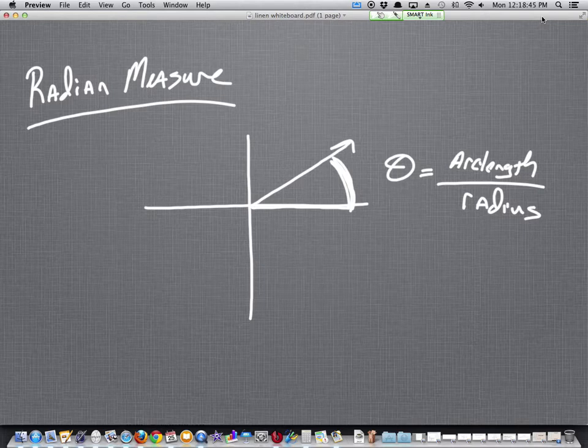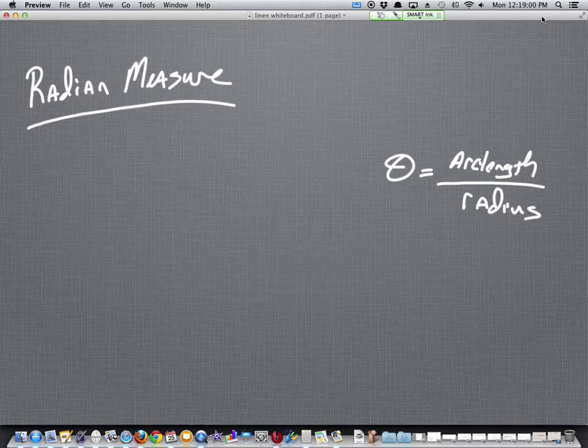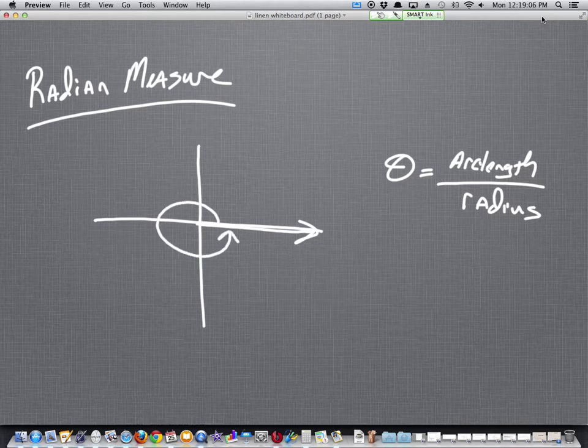Now, to help us talk about the relationship between an angle measured in radians and an angle measured in degrees, we want to look at a specific angle. Let's say I've got my initial side here, and I'm rotating all the way around. What type of arc length would I have?